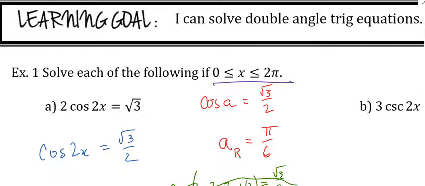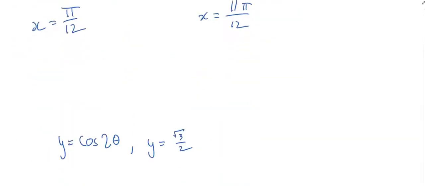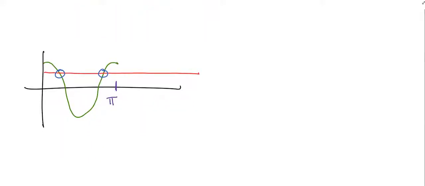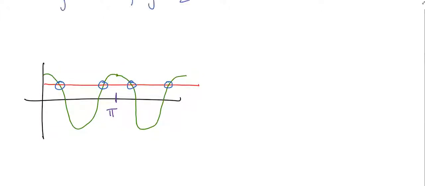Uh-oh. So there's 4 answers? We are supposed to find the solutions to 2 pi. There's 2 more answers. Where are they? Hold on. There's 2 more answers.